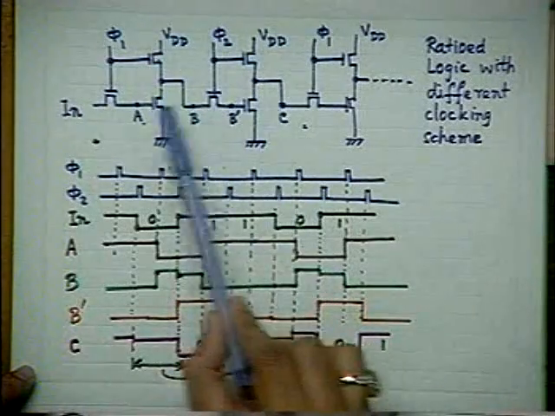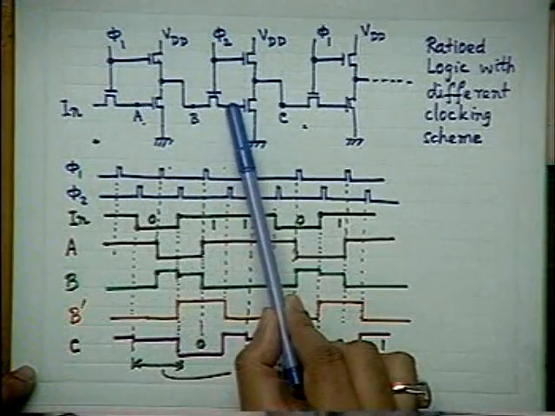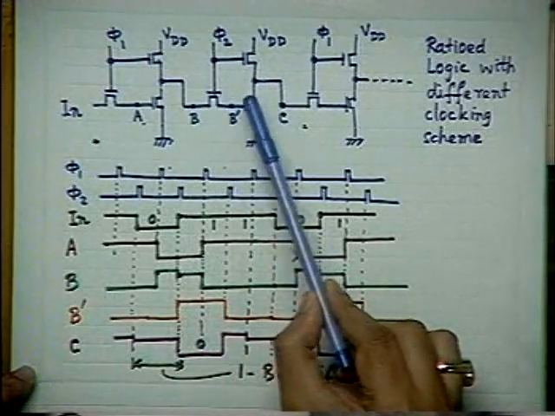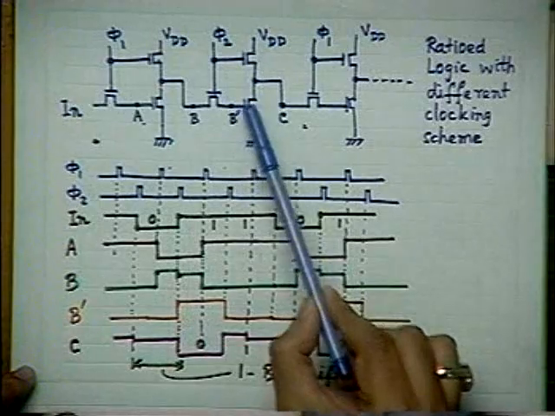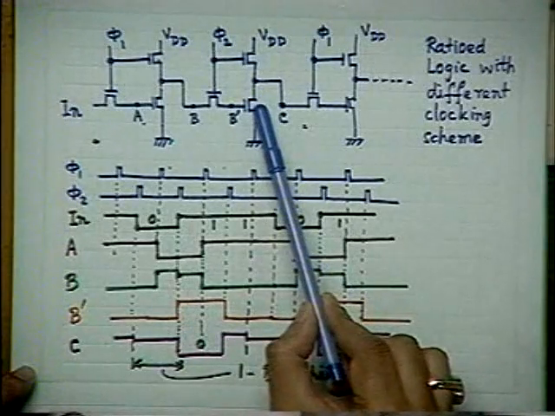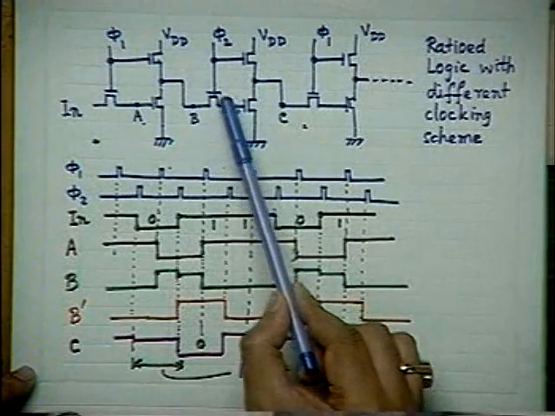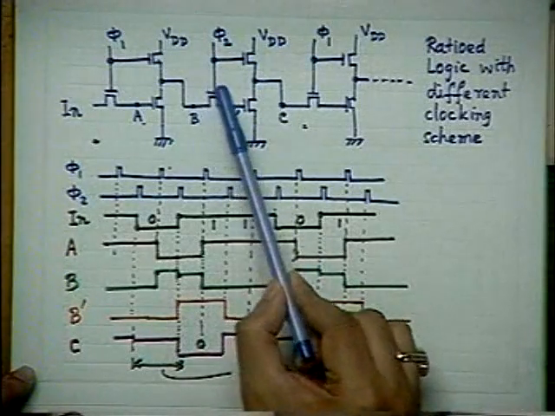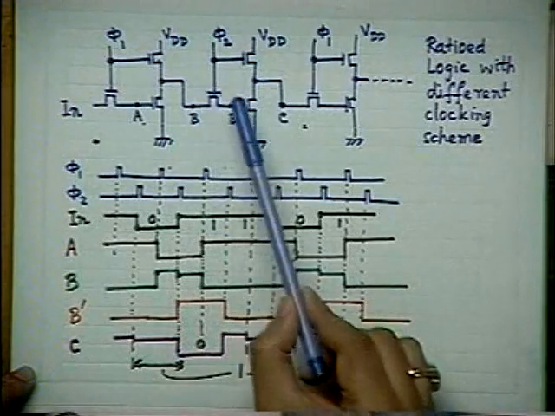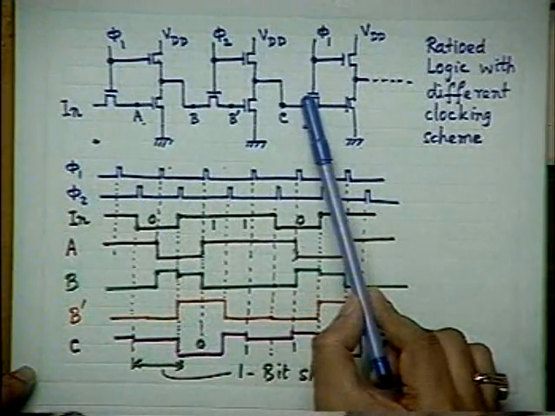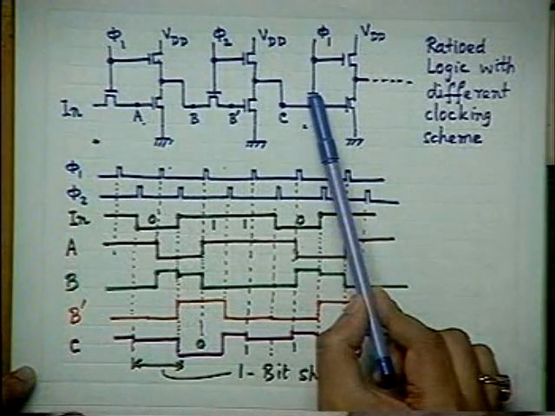This is similar, but here the capacitance between the drain and substrate does not come. Of this transistor, it is only the MOS capacitance. This extra capacitance is not there, but we have the extra capacitance between the drain and substrate of this transistor. Usually, the pass transistors are not that large.